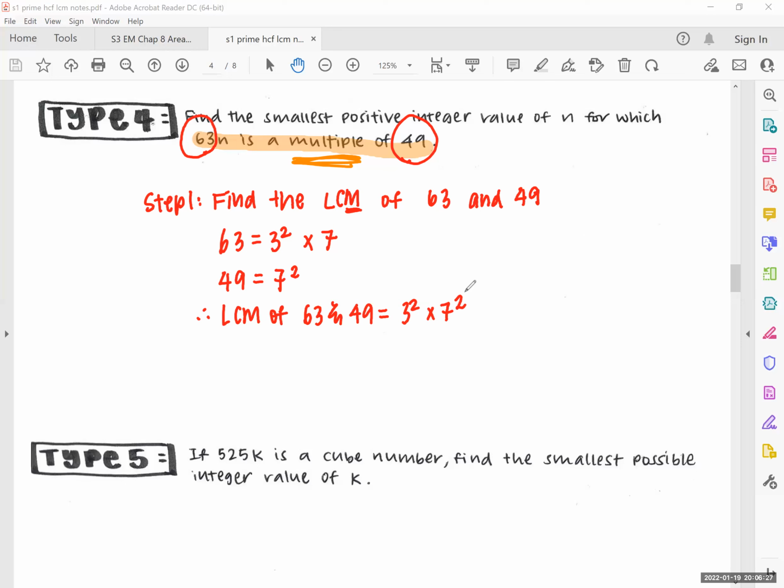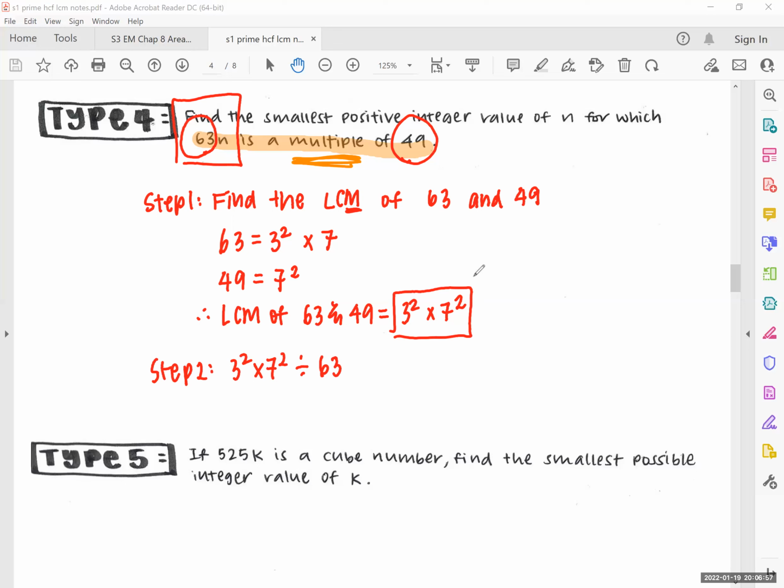Now, I know this is the LCM already, right? So it means that this number right here, 63n, is actually equivalent to this number here. So step 2, you take 3 squared times 7 squared and divide it by 63. How do I come about this concept?